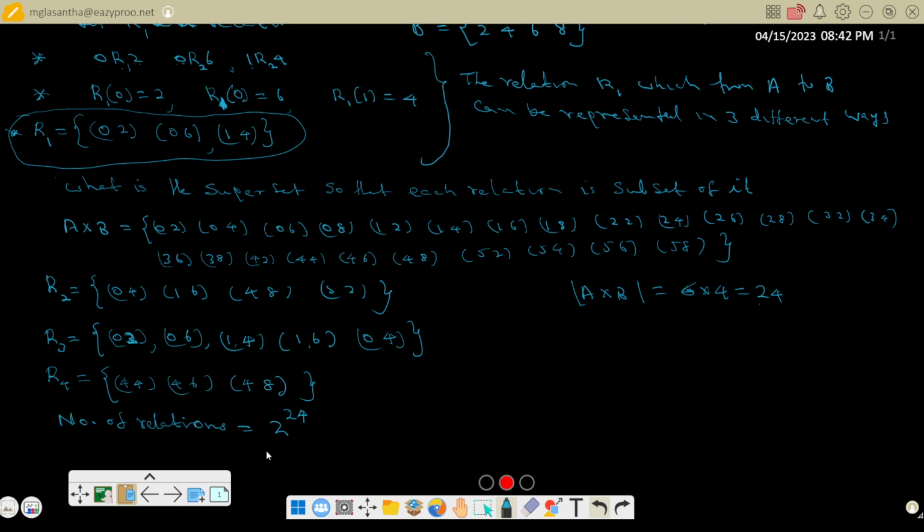Right? So why is it 24? Because of the cardinality, sir. The cardinality of A cross B is 24. Yes, sir. Then you can form 2 to the power of 24 subsets. Yes.